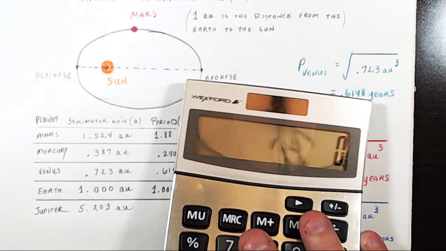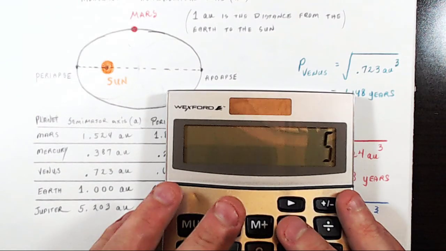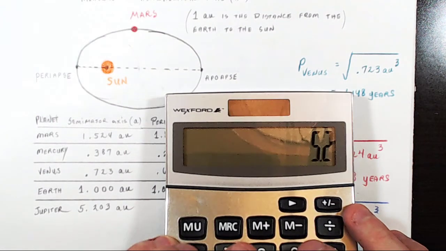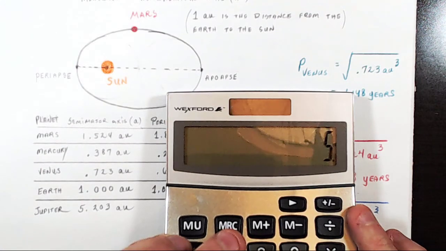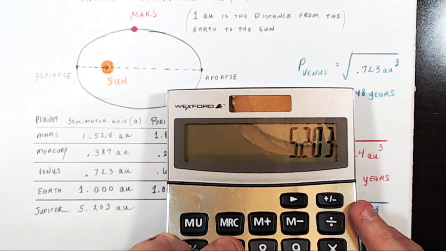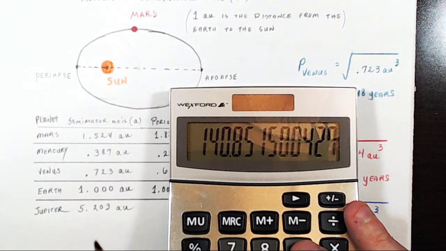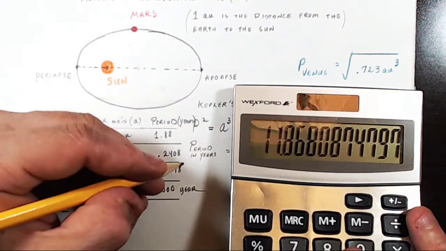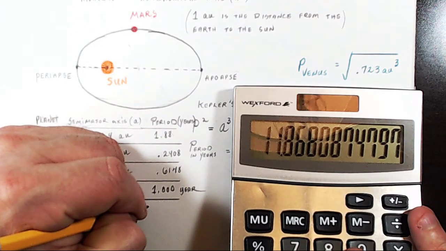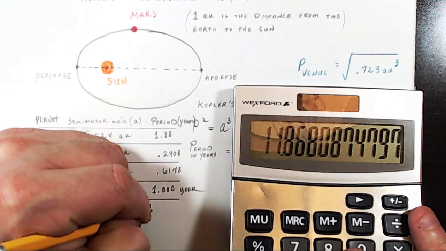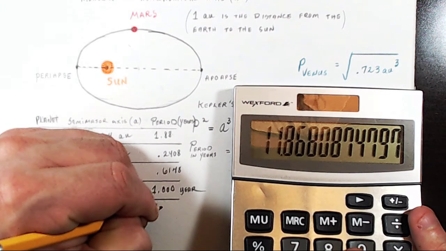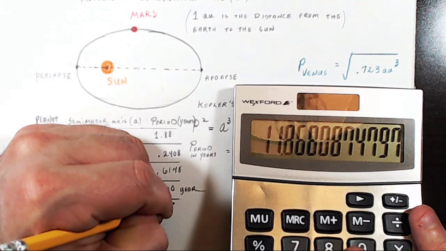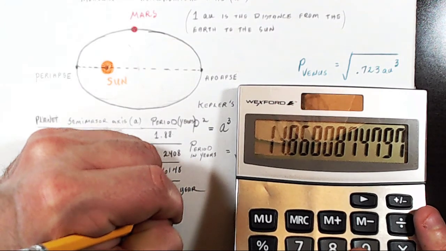So if I cube that, 5.203 times 5.203 times 5.203, and then I take the square root, I get the period for Jupiter as 11.87 years.